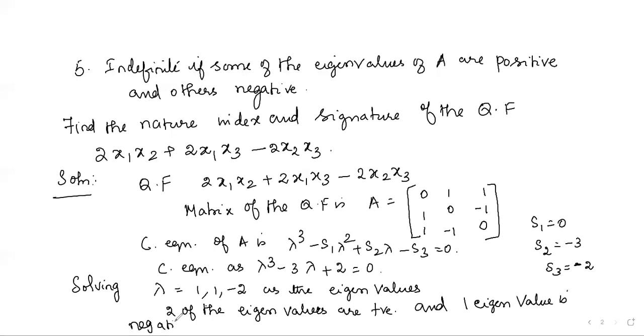According to the rule, the given quadratic form is indefinite because some of the eigenvalues of A are positive and others are negative. Therefore, the nature is indefinite.